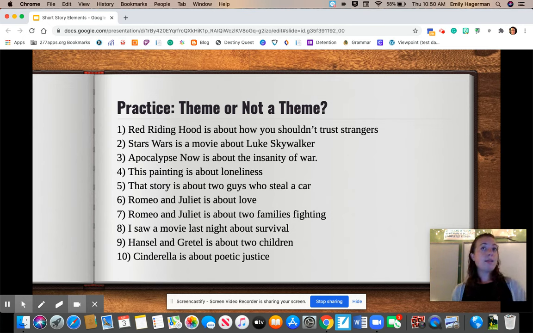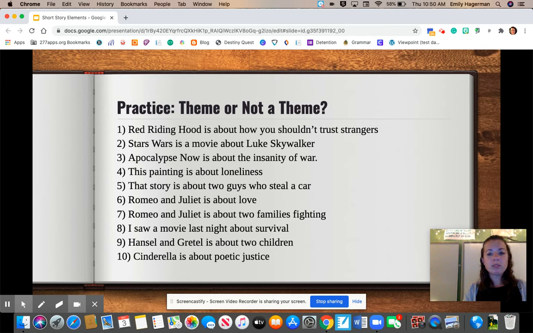I would say not a theme. This is a moral more than a theme. So a better way to make it into a theme would be Red Riding Hood is about the potential dangers of trusting strangers, right? Because we gotta avoid always, never, should, shouldn't.